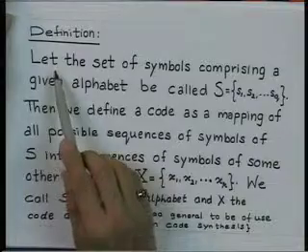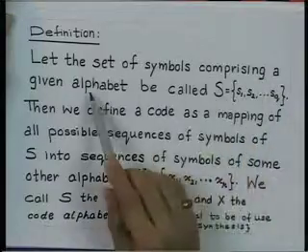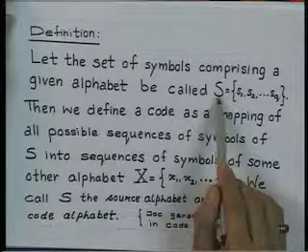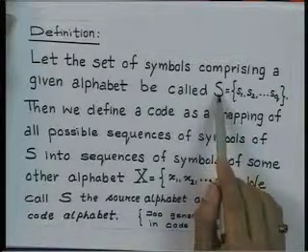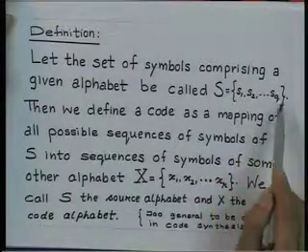In order to do that, let us define formally what is a code. So, the definition of code will be given as, let us consider a set of symbols comprising a given alphabet, and that alphabet is called S. This alphabet S consists of Q symbols or Q letters.